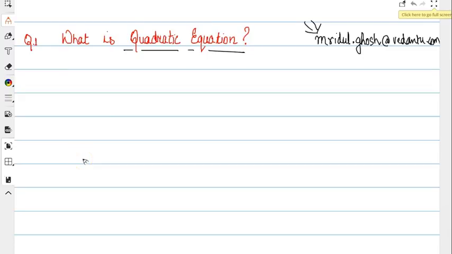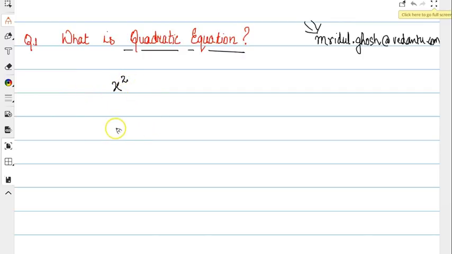That is called a polynomial. And in a polynomial the power should always be an integer. Now in a quadratic equation, the highest power that we should have should be 2, and the number of variables is generally 1. So we should have one variable and the highest power should be 2. For example, x squared, right? So this is a polynomial, an algebraic expression, a quadratic expression because the power is 2.